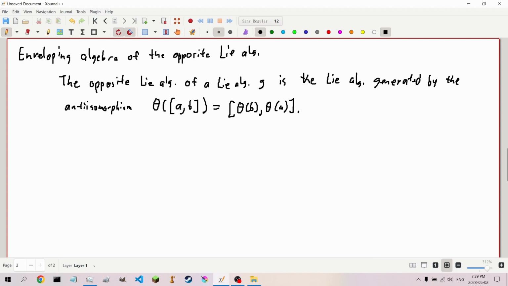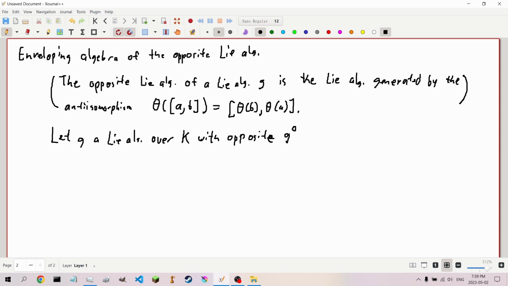So, put this in parentheses to show it's my text. So we're going to let G be a Lie algebra over a ring K with the opposite Lie algebra being G naught, G to the power of 0.